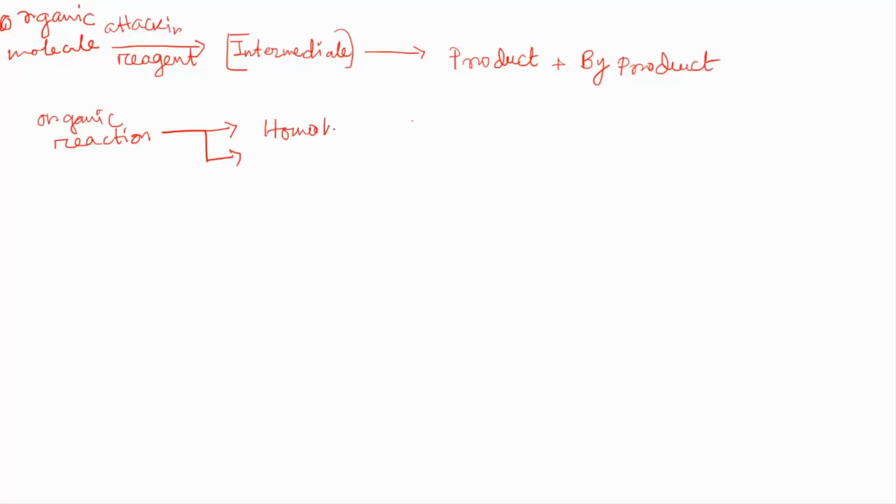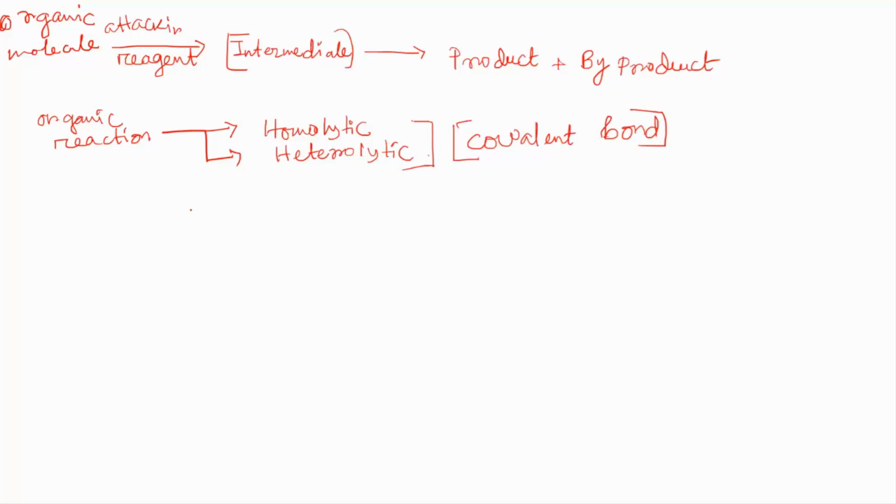These are all covalent kinds of reactions. Covalent bond breaking and making happens in the reaction mechanism. It's all about the covalent bond. Now we'll go a little bit into homolytic cleavage and heterolytic cleavage.